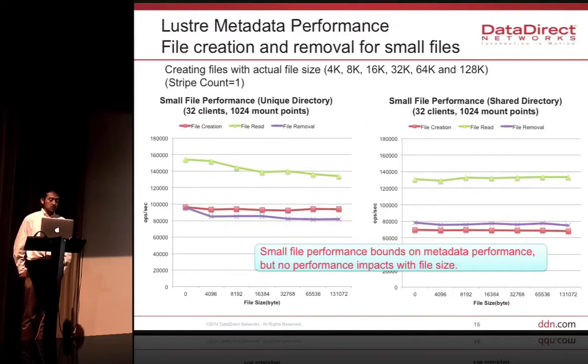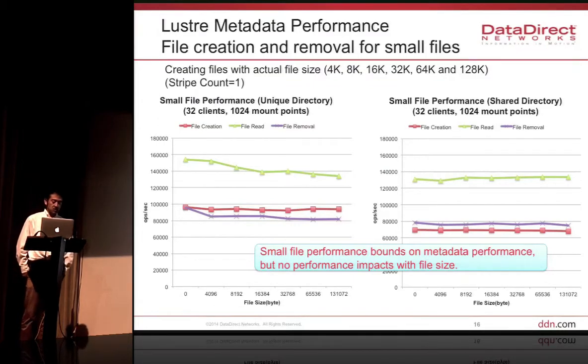This is useful for benchmarking, but in a realistic production system, the file has some file size. So on this benchmarking, how much is the metadata performance impacted by the file size? We ran MDtest using file sizes from 4K bytes up to 128K bytes.